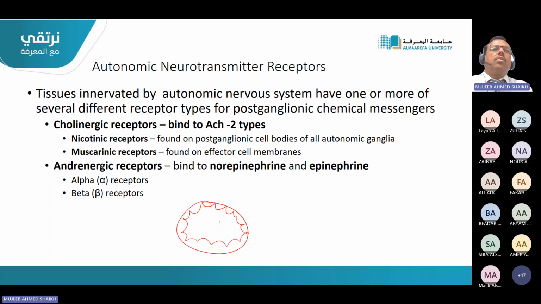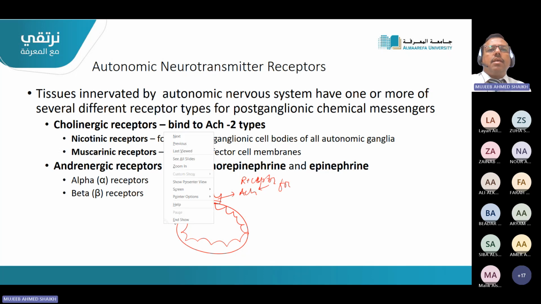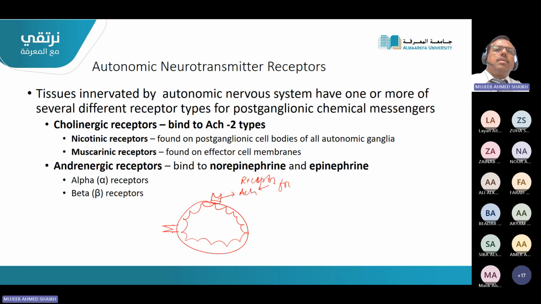It may have a receptor for acetylcholine. Or they may have a receptor for, let's say, another shape we will draw, this is for norepinephrine.